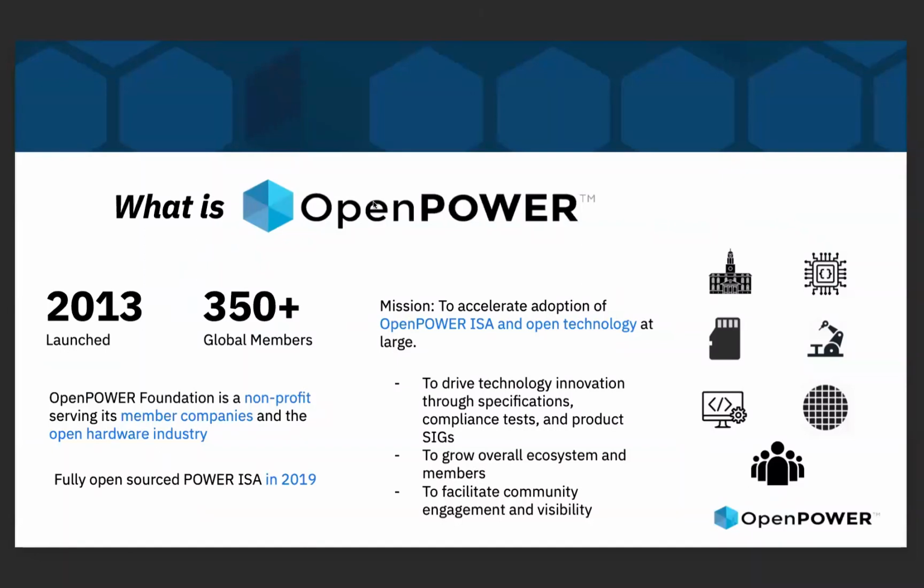The good thing about OpenPOWER, it's been around since 2013, but we actually fully open sourced the ISA in 2019. And this is our mission, to really drive the ISA and open technology, complementary technology with OpenPOWER. We work across a number of different innovations, industries, and verticals. Our focus here is really to grow the ecosystem and to facilitate community engagement and visibility.